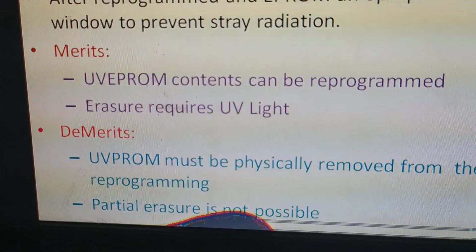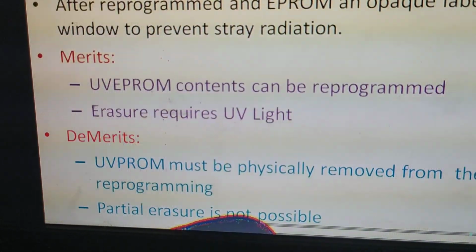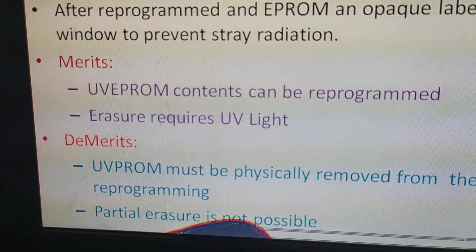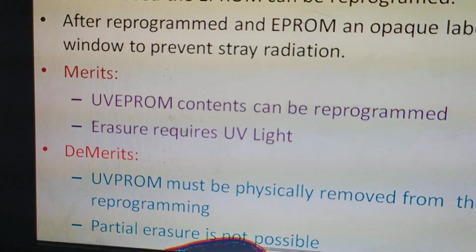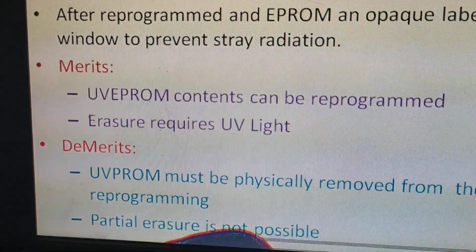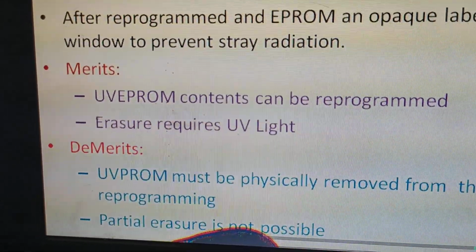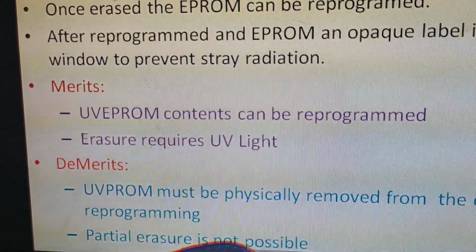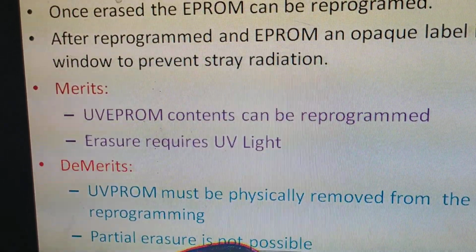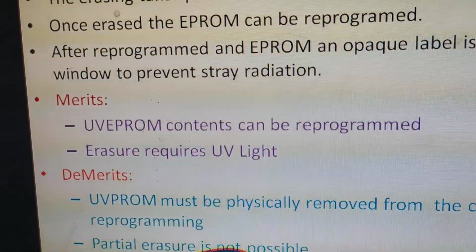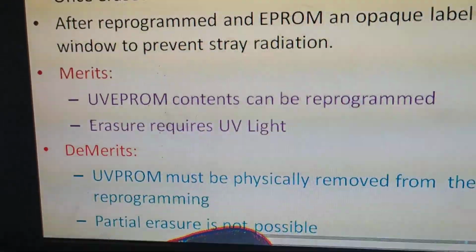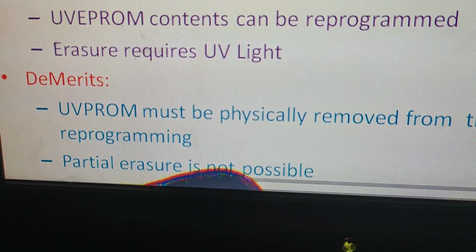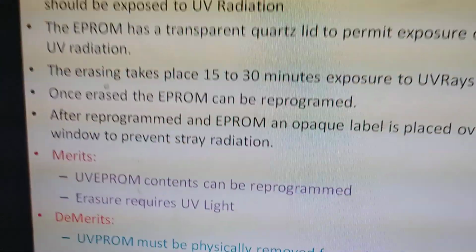And partial erasure: suppose you want to erase only a small part, 1 or 2 lines of the data, and replace only those 2 or 3 lines of program, it is not possible. Once you go to erasure, it erases complete data. A complete UV-EPROM will be erased. That is the disadvantage.